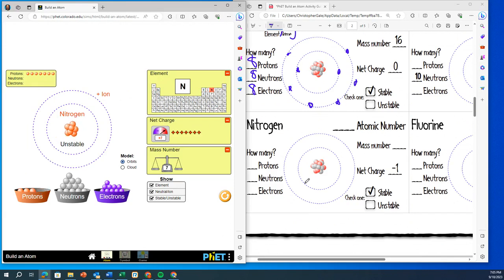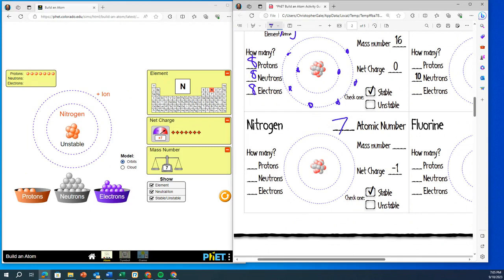All right, so we want to have stable again. So we're going to put down that the atomic number is 7. That's how many protons I have. And we're going to put 7 there.